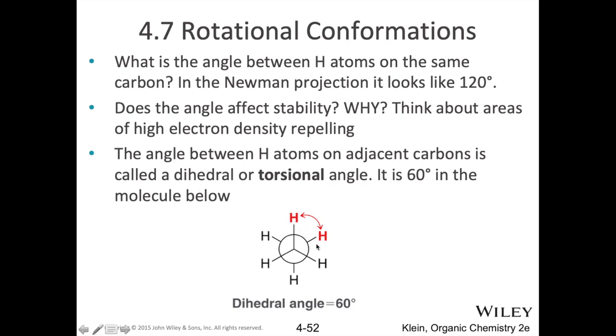You could use a protractor to measure this angle, or you could figure out that you've got 360 degrees and there are 6 little segments like that when you take into account the 3 atoms coming off each of your carbons. So 360 divided by 6 is 60 degrees. So that's another way to figure it out.